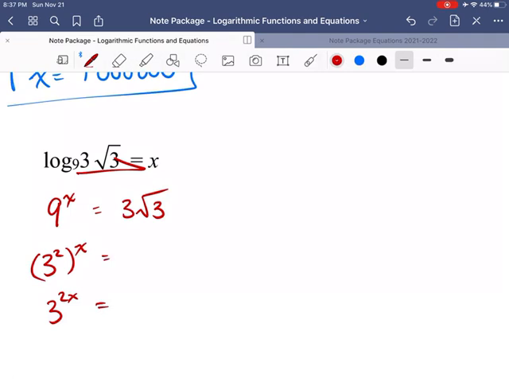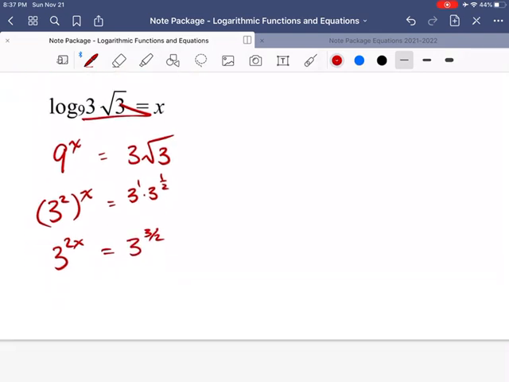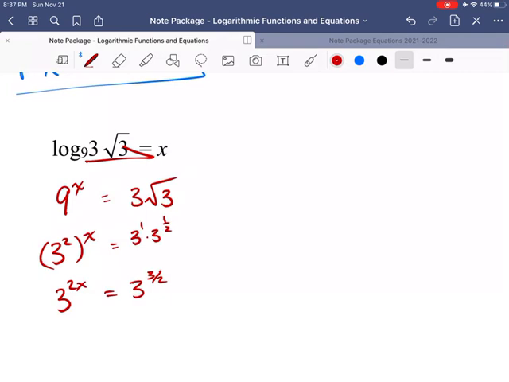The right side is 3 to the 1 times 3 to the half. When you are multiplying powers with the same base, you can add the exponents, so this becomes 3 to the 3 over 2. Then we can set those exponents equal to each other: 2x is equal to 3 over 2. So x is going to equal 3 fourths.